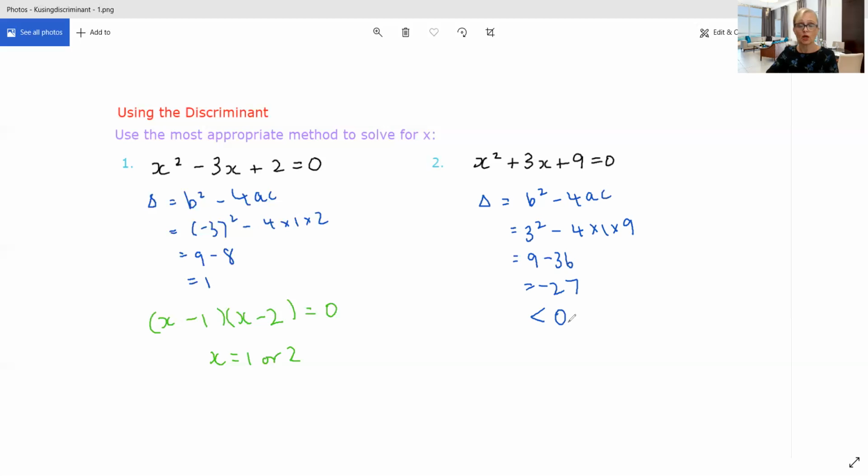So even if we tried to use our quadratic formula, we would get to a point where we're not able to continue and get any real solutions. It's okay to, just at this stage, say, therefore, no real solutions. There's no need to go all the way through your quadratic formula to prove that there are no real solutions. If you can just state that the discriminant is negative and give some working to show that, that's perfectly adequate.